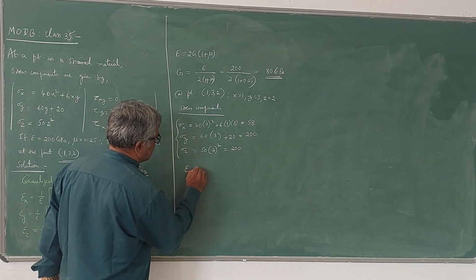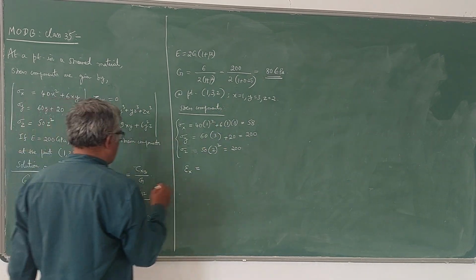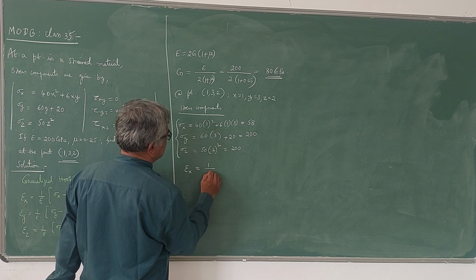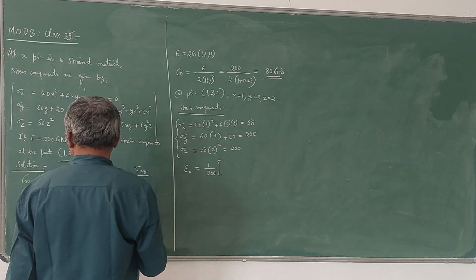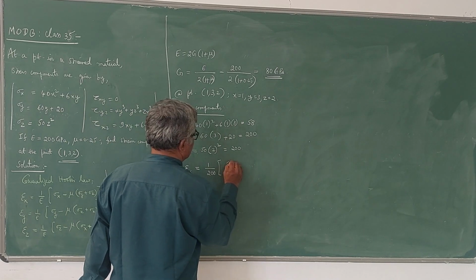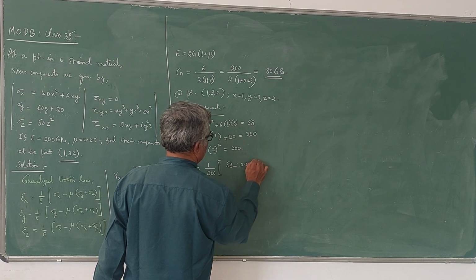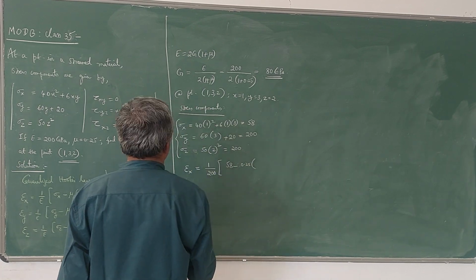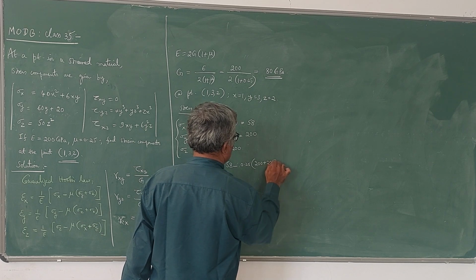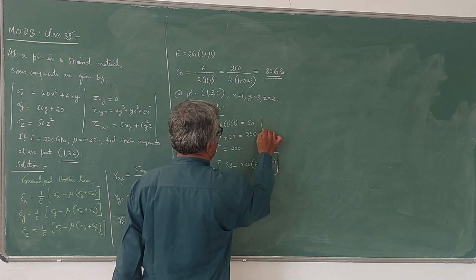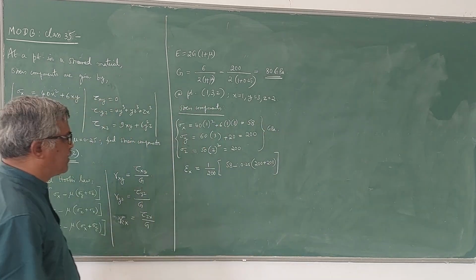So epsilon x at that point is 1 divided by E, E is 200 GPa, into sigma x, which is 58, minus mu, which is 0.25, into sigma y, which is 200, plus sigma z, which is also 200. Of course, all these values will be in GPa only.